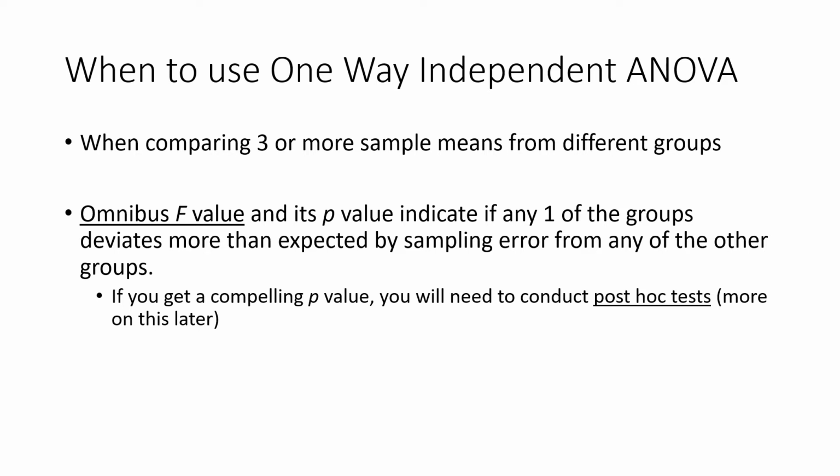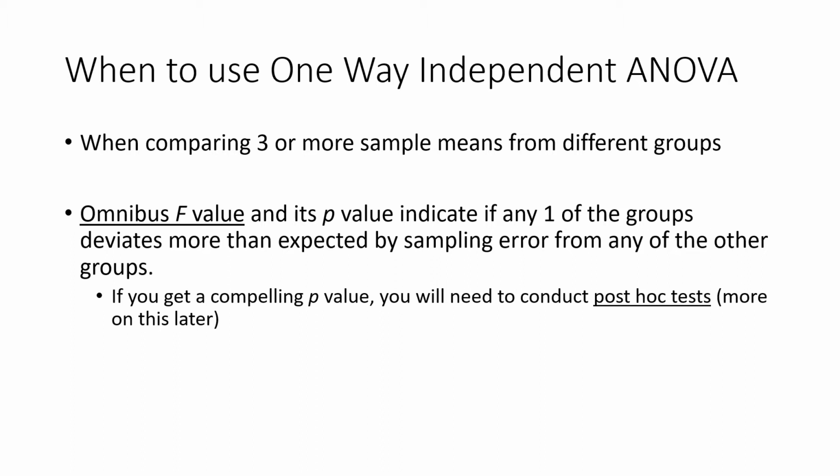So I'm going to say this one more time because this is an important point. You're going to get an omnibus F value, and that's going to tell you the degree to which any of the sample means deviates from any of the other sample means more than would be expected by sampling error. So if you get a small p-value, that means that at least one of the sample means is deviating more than expected from at least one of the other sample means.